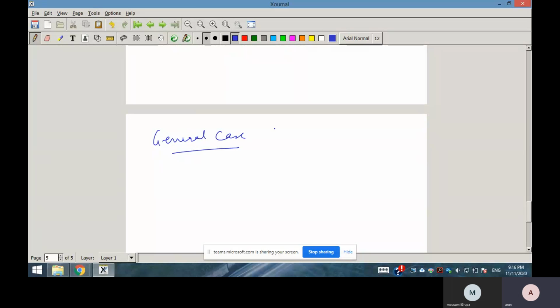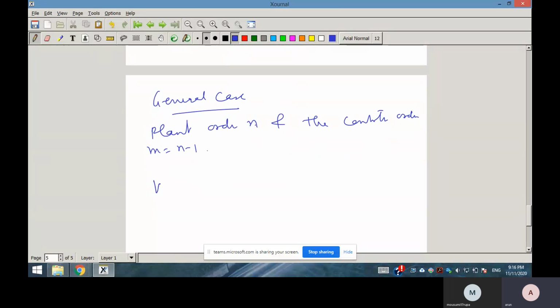General case means plant order n, and the controller order m equal to n minus 1.